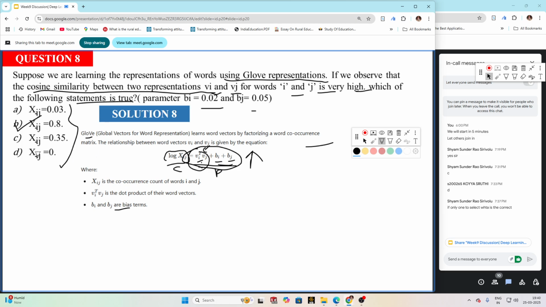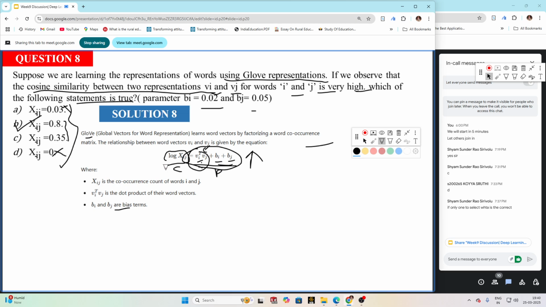The other option cannot be right, because if you put X_ij as 0, the answer will be minus infinity, and another one is also very close to minus infinity. So your option can be between B and C, but we have been told to take the maximum value, and the maximum of 0.8 and 0.35 is 0.8. So option B is the right answer.